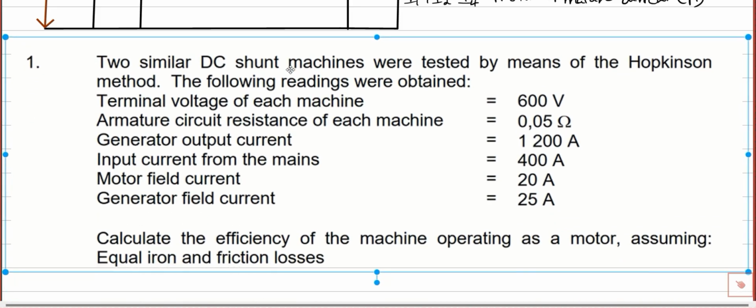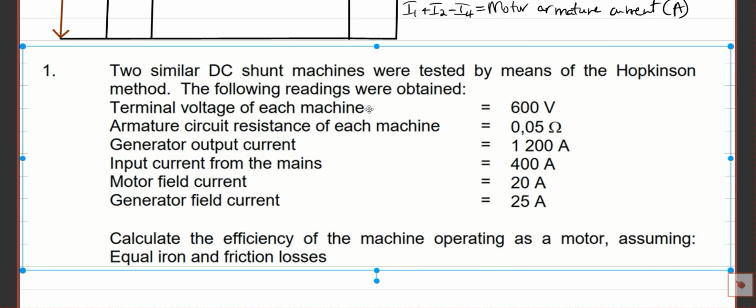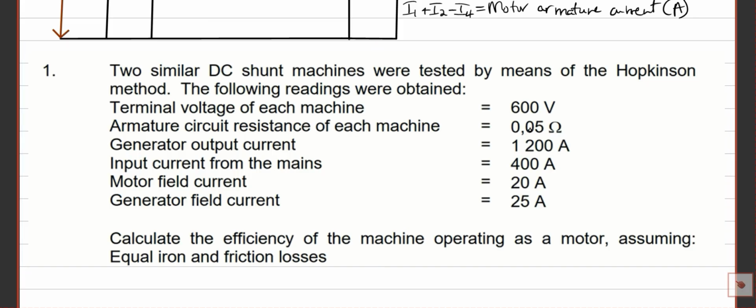All right. The question says 2 similar DC shunt machines were tested by means of the Hopkinson method. The following readings were obtained. The terminal voltage of each machine. So they gave us V. We can collect our data. I'm just going to write it next to these given data.